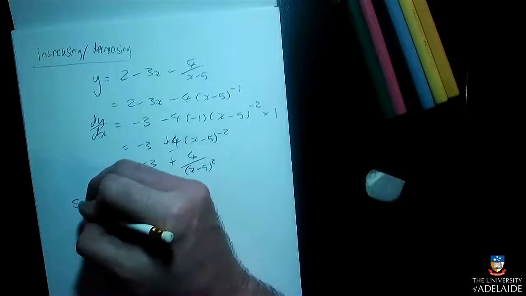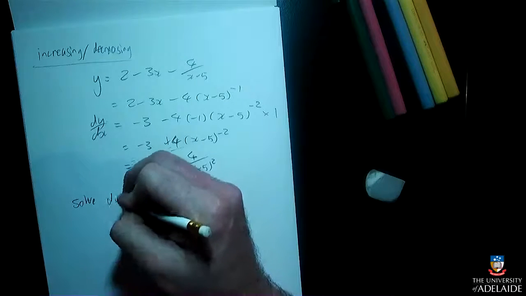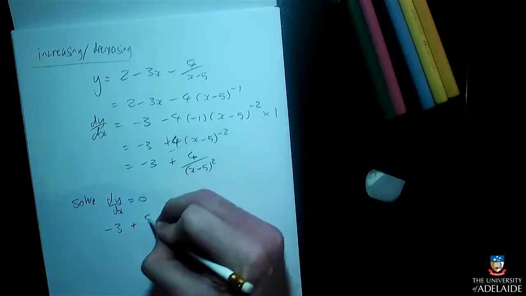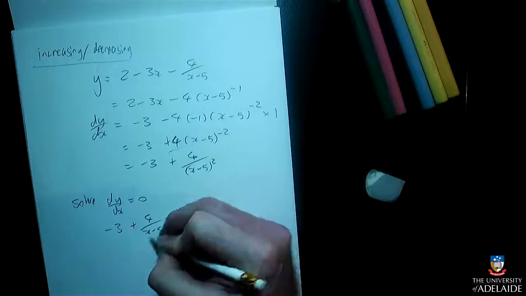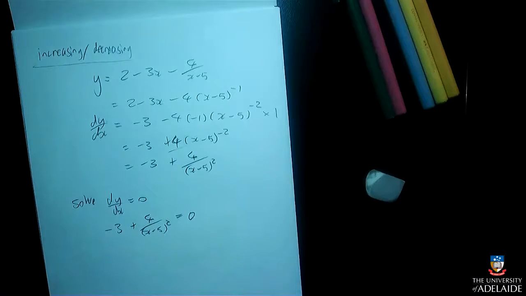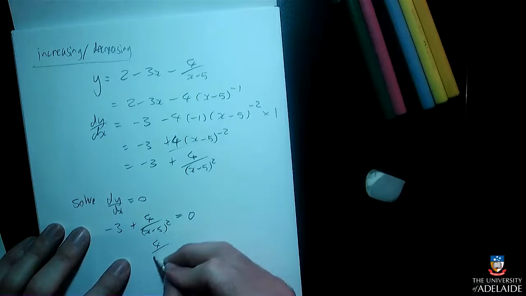So I want to solve for when dy on dx is 0. So minus 3 plus 4 over x minus 5 squared is 0. Now I do see only one x there. So since there's only one x, I can just do moves where I keep progressively removing things from where the x is until the x is all by itself. So I don't want that minus 3 there.